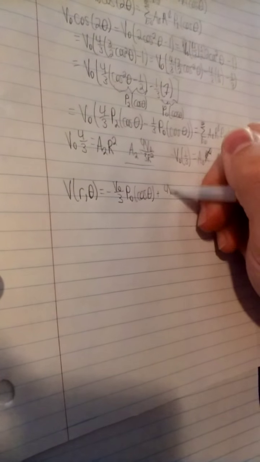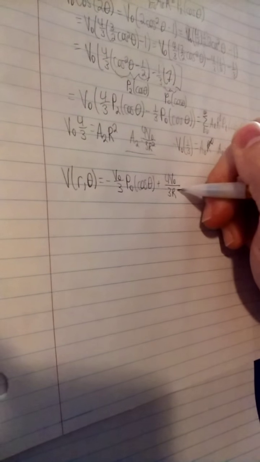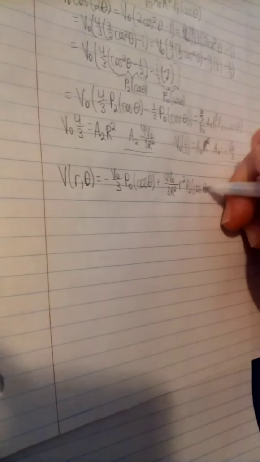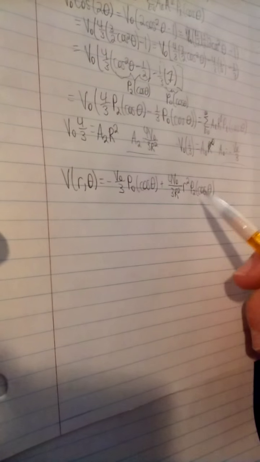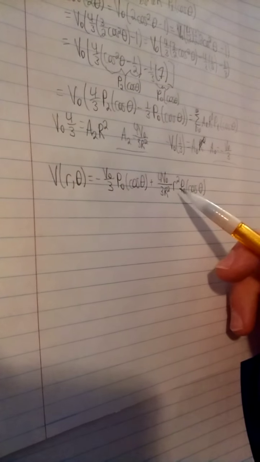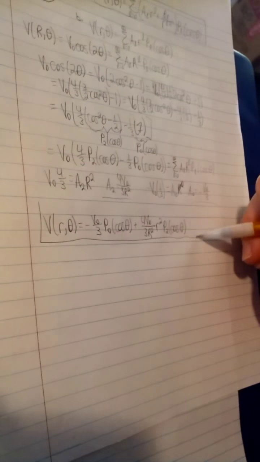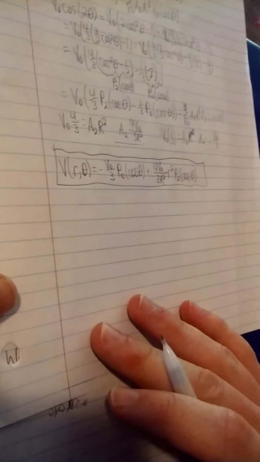And then we have the second term, which has the A2 value, 4V naught over 3 big R squared, times little r squared, P2 cosine theta. And if we plug big R back in, nothing changes here, and then the R squareds would cancel, which would be exactly what we started with. Alright, so that is that.